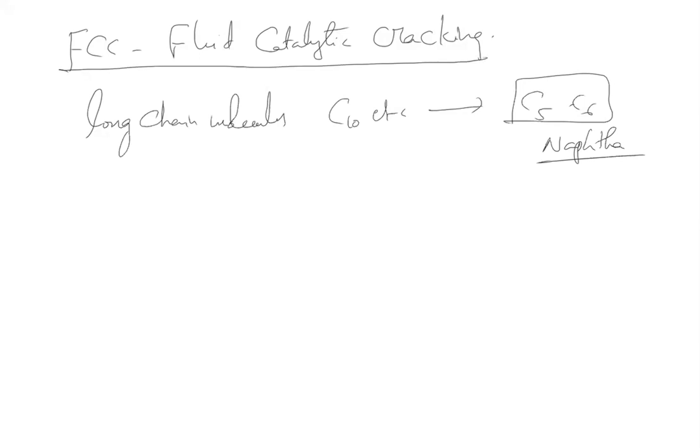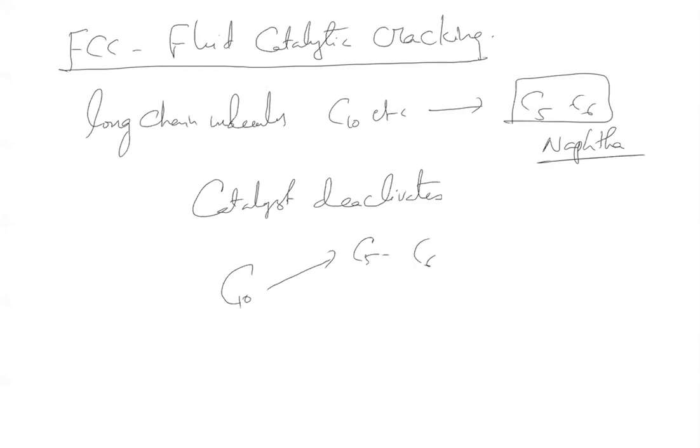So what is the mechanism here? Here also catalyst deactivates. The mechanism is, C10 can form C5 or C6. This C5 can form coke directly, which is simple C. So this coke deposits on the catalyst.